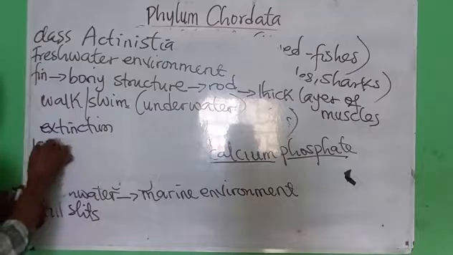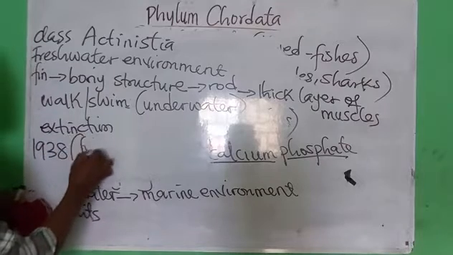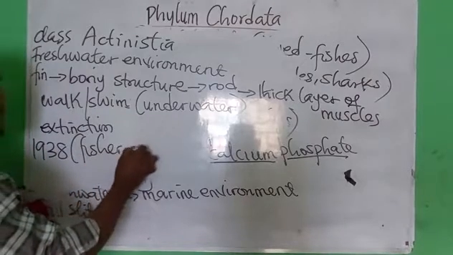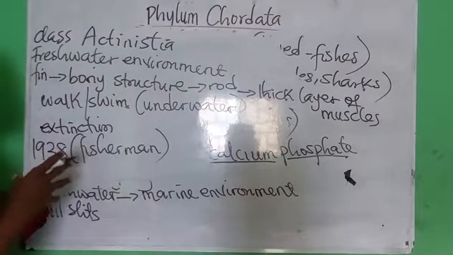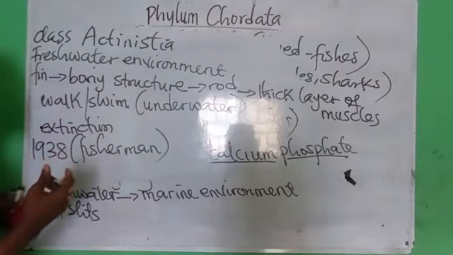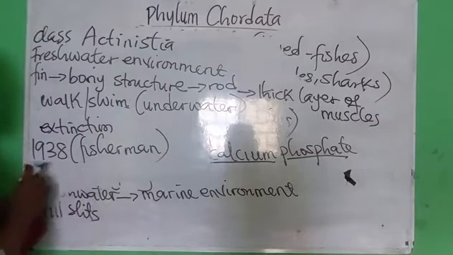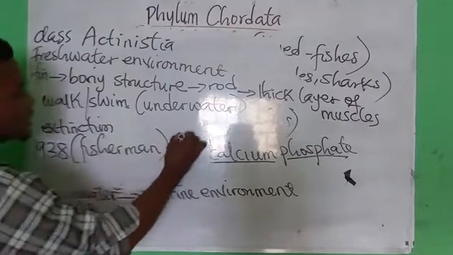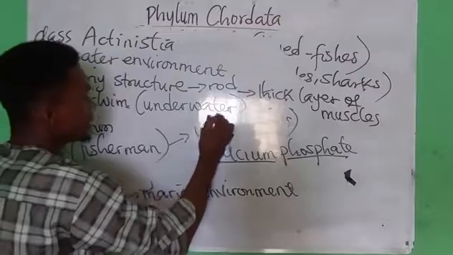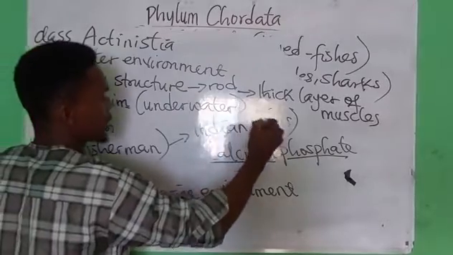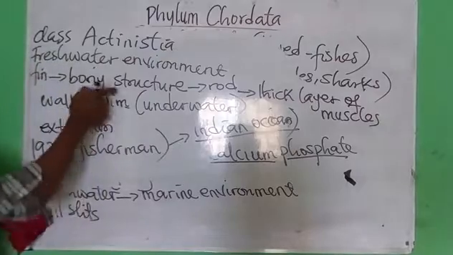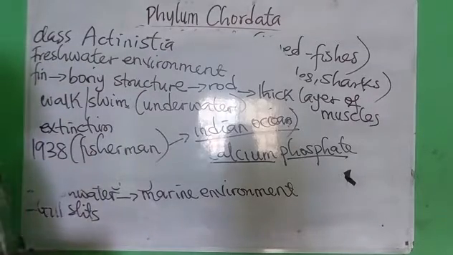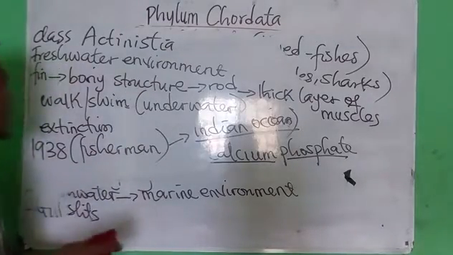But in 1938, a fisherman in the Indian Ocean caught a species of this class Actinistia, which was thought to have undergone extinction.